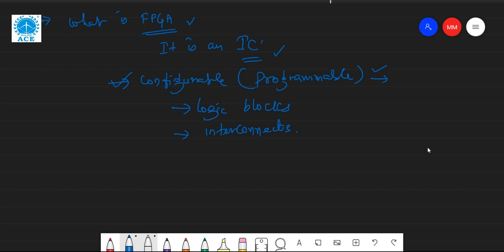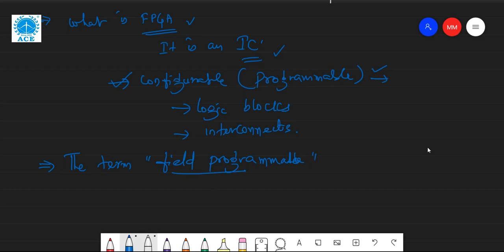Another term, if I go with the term, is field programmable. So what is field programmable?